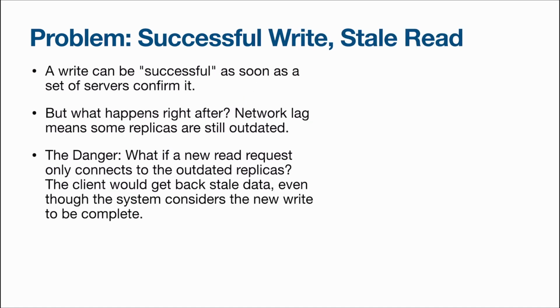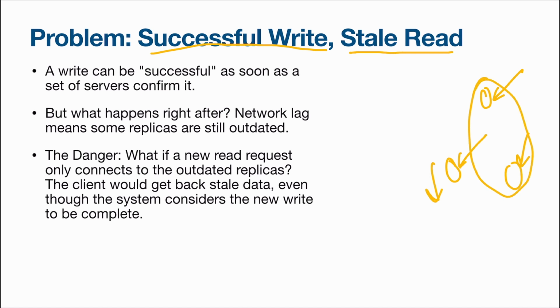Let's focus on this problem: successful write but stale read. Let's say there are three servers or three replicas, and the write request goes to all three servers, but one of them is down. So these two servers will accept the latest write, but this server will not.